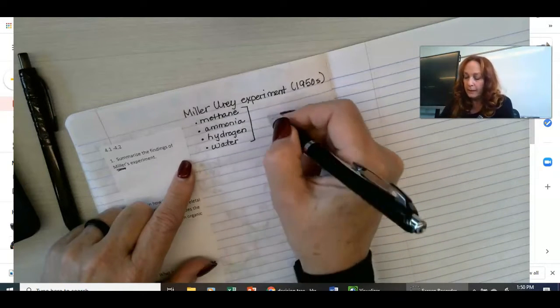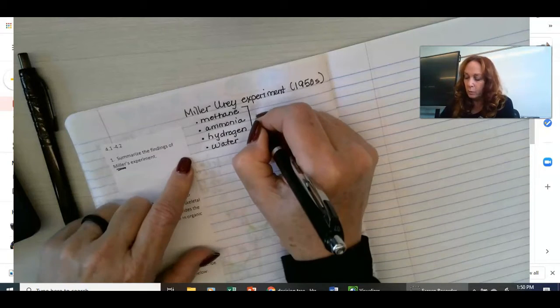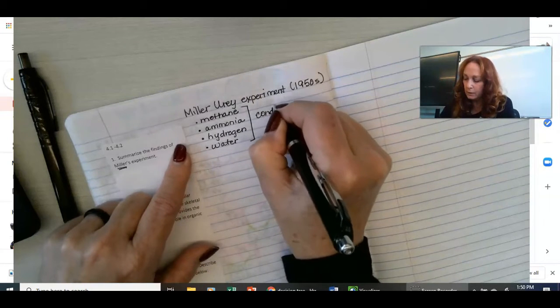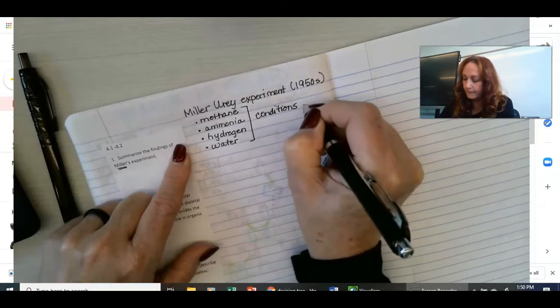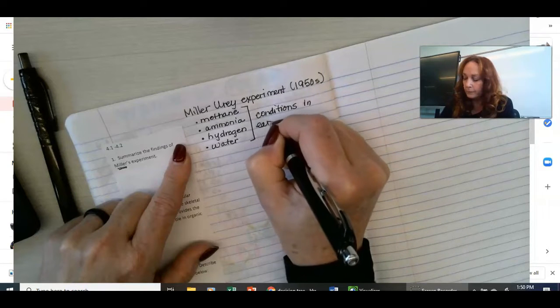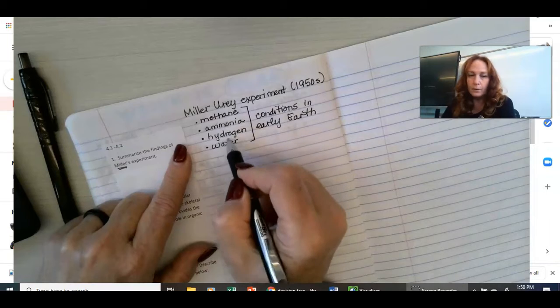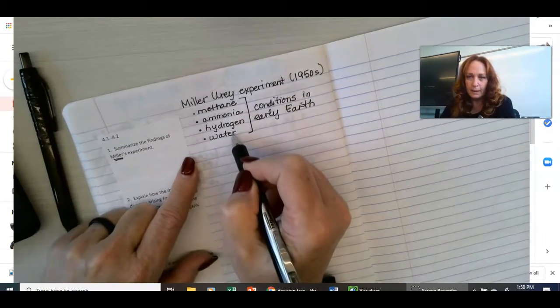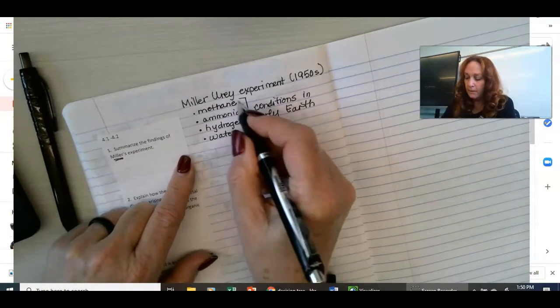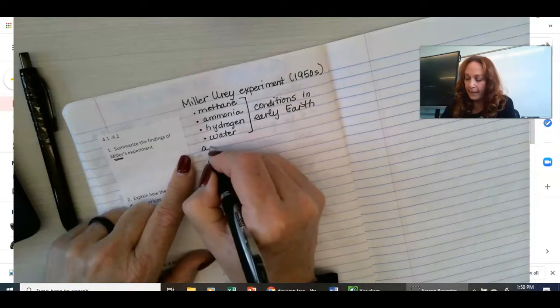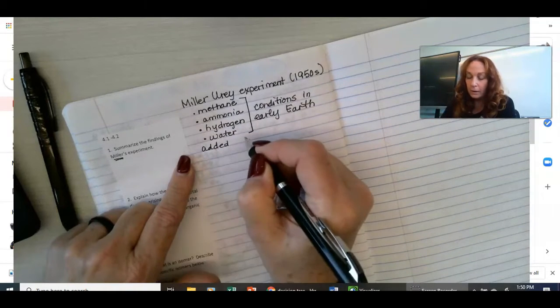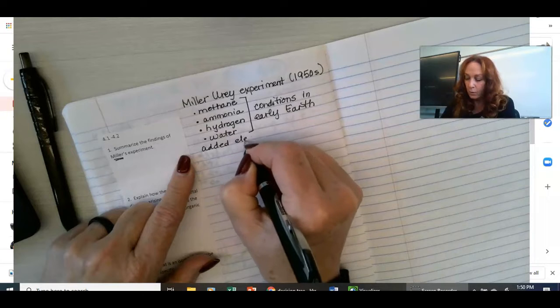So all of these simple molecules are what conditions in early Earth would have been. And then they took them and they added electricity, so as a form of energy.